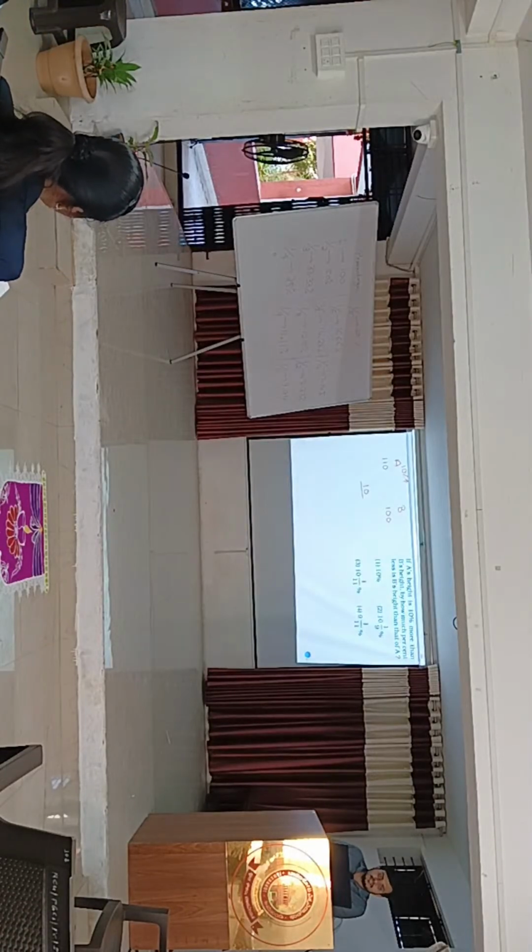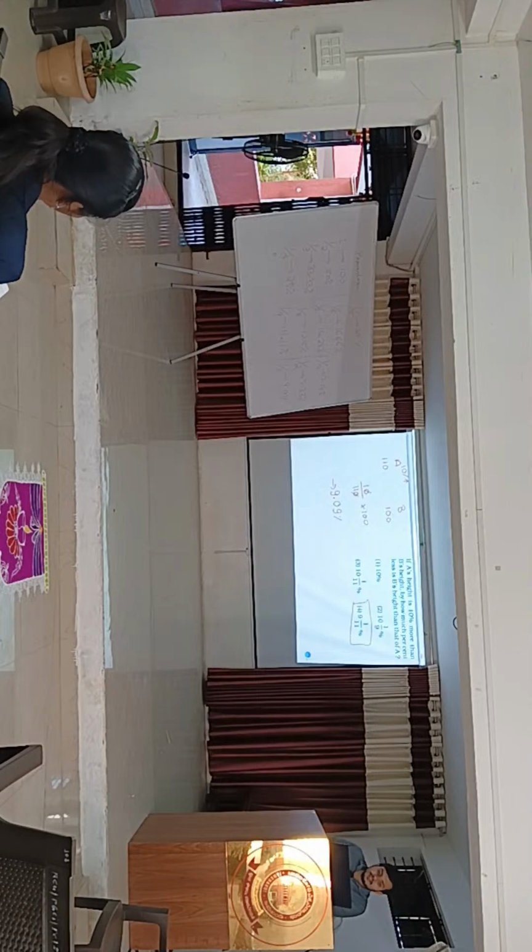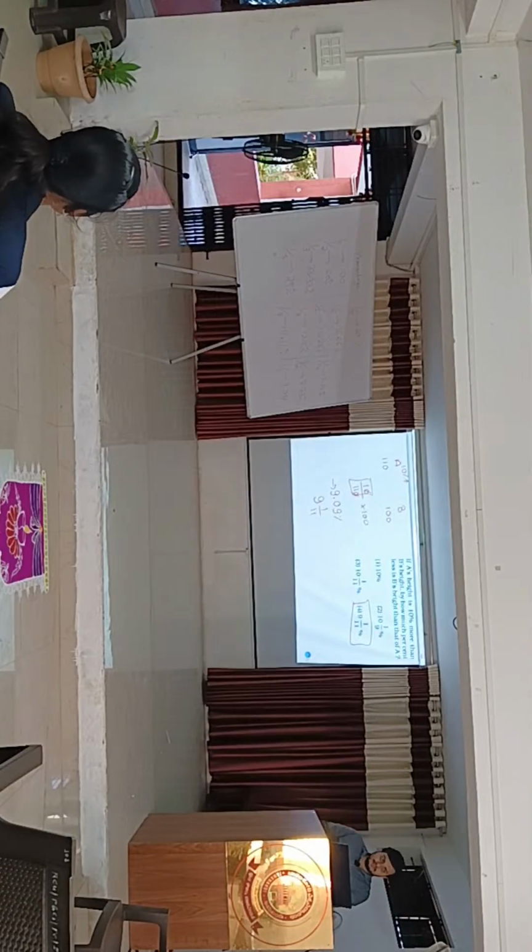Divided by 110, the zeros cancel. What is 1 by 11? 9.09%. That is nothing but option number 4. You are getting 1 by 11 only, right? So if you remember this, that is 1 by 11 itself. Both are the same.